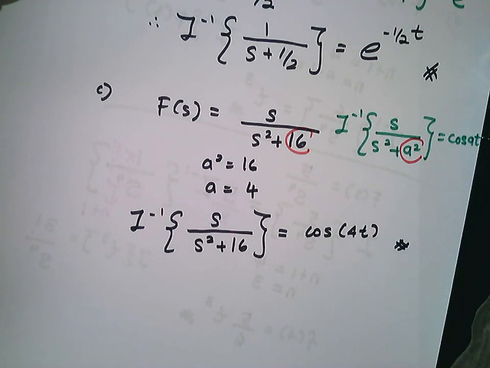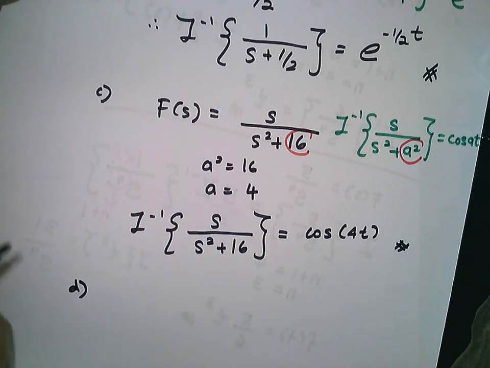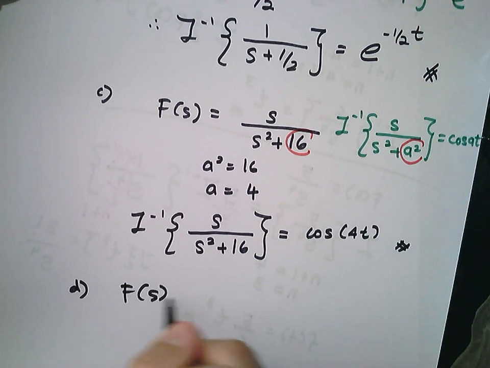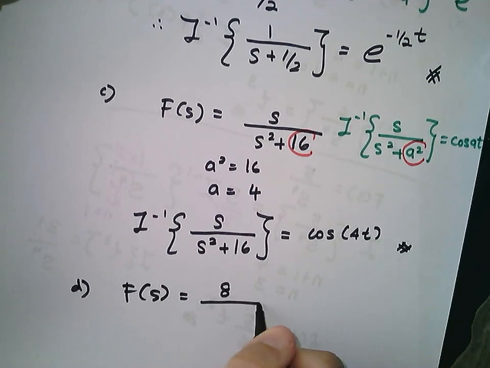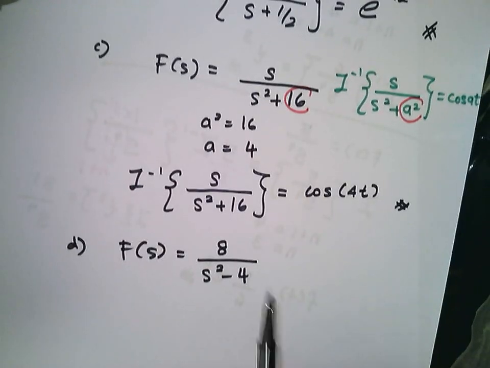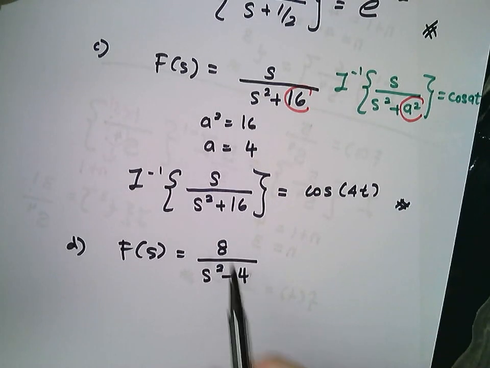Okay, so the next one, let's say you have F(s) is equal to 8 over s squared minus 4. So this is a constant, and this one here you have a minus sign.